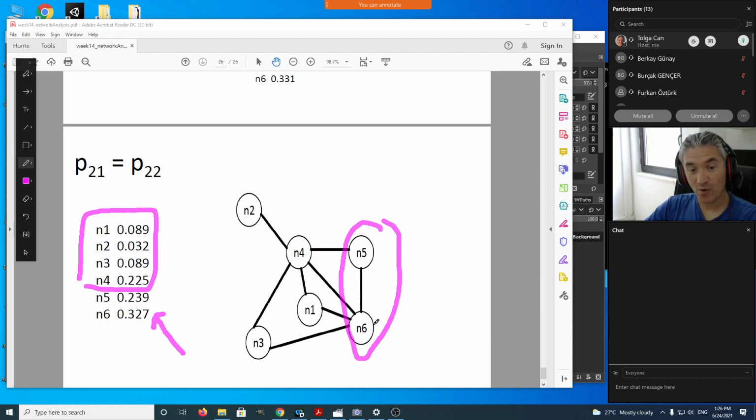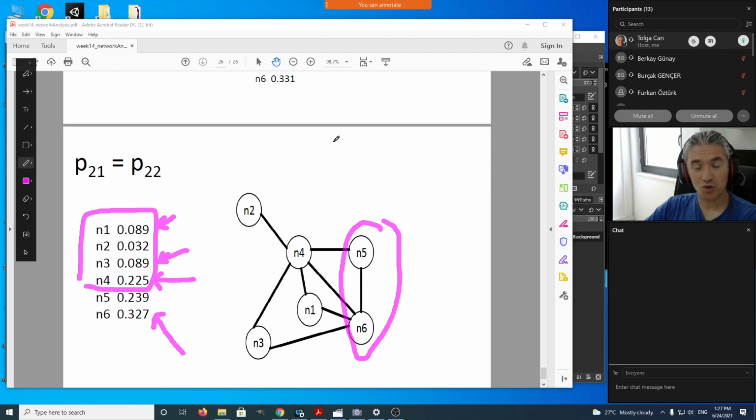Okay, is it N1? Is it N3? And it turns out the top highly connected one is N4 with 0.2 affinity. The following ones, N1 and N3, since they are connected to these with the same topology, have the exact same affinity to those.